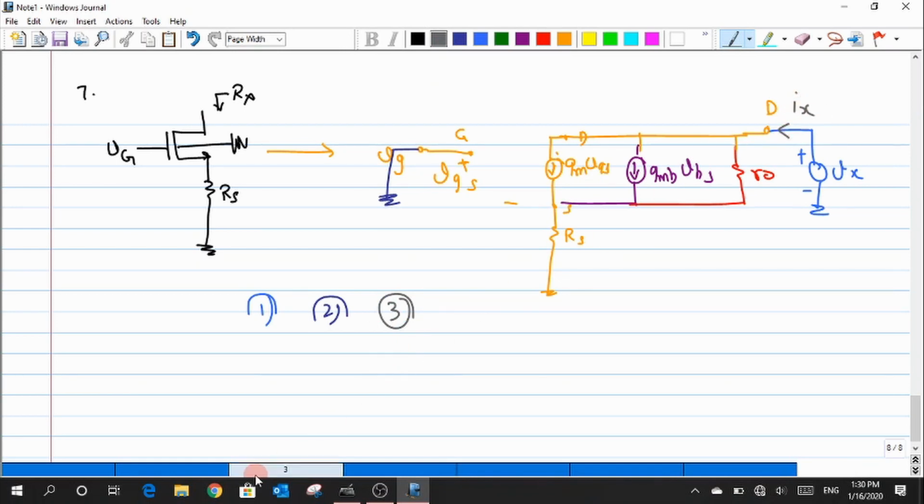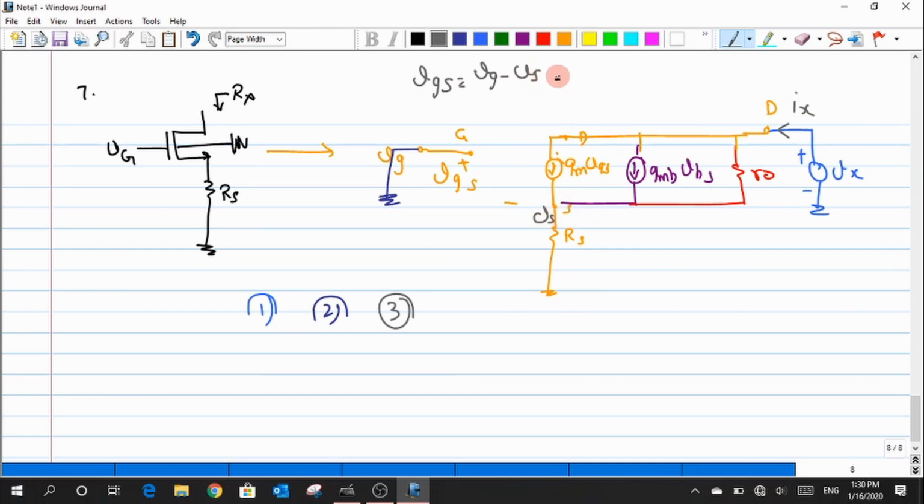Before I start writing this Ix expression, I want to figure out whether the value of Vgs exists or not. Is it 0 or not equal to 0? It is not equal to 0 just because the source is currently not at ground. So let me expand this Vgs as Vg minus Vs, and let us assume the same Vs itself.